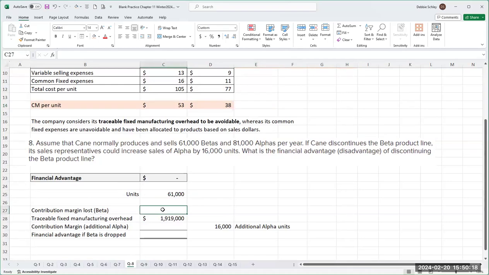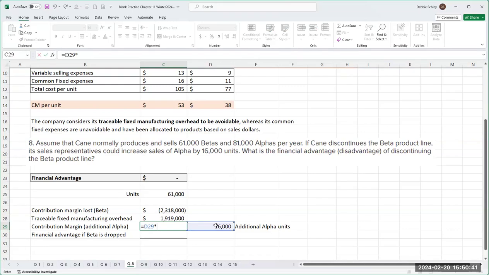So contribution margin loss is going to be equals a negative beta contribution margin times 61,000 units, right? That's how many betas there were. We don't have to do anything with the 81,000 because that's not relevant to this decision. And then we will make 16,000 more alphas.